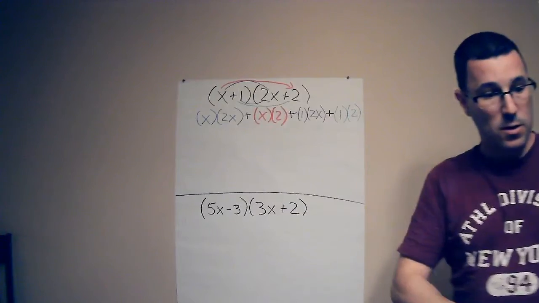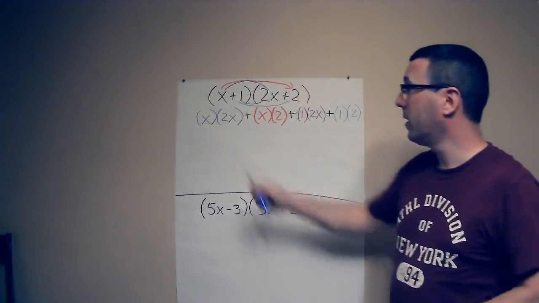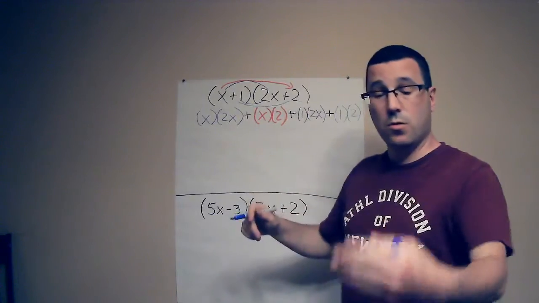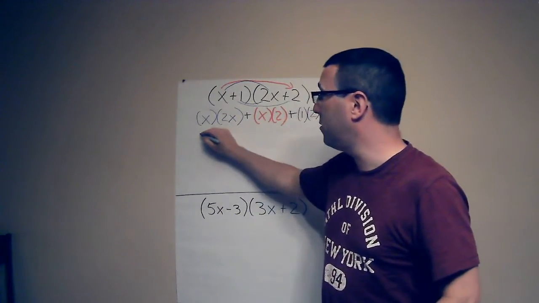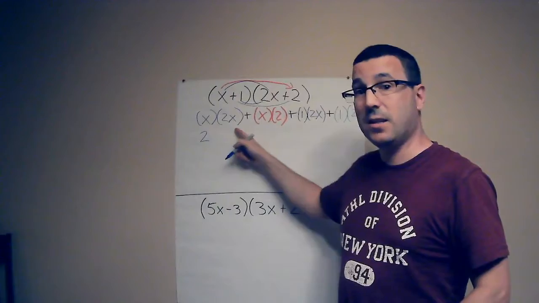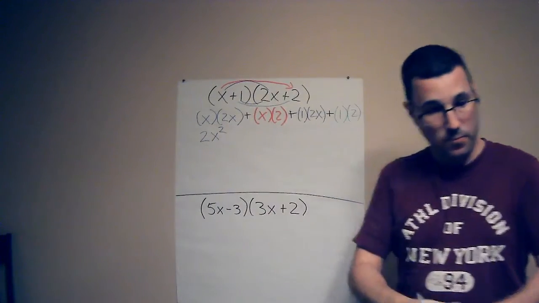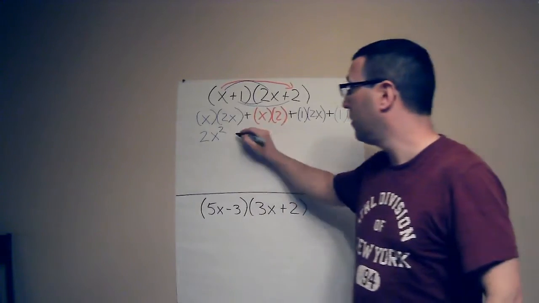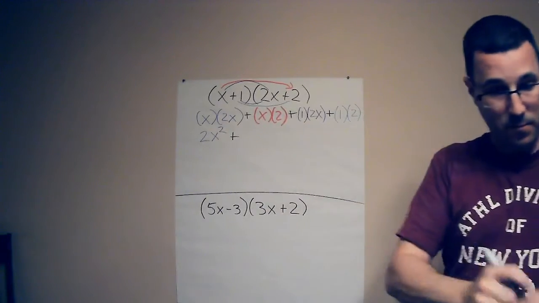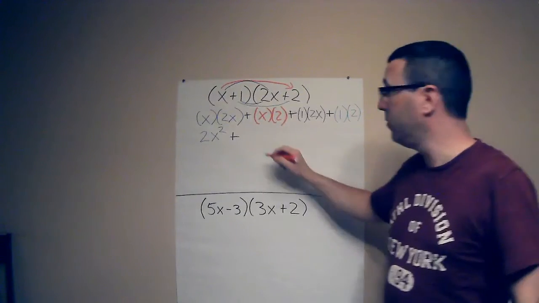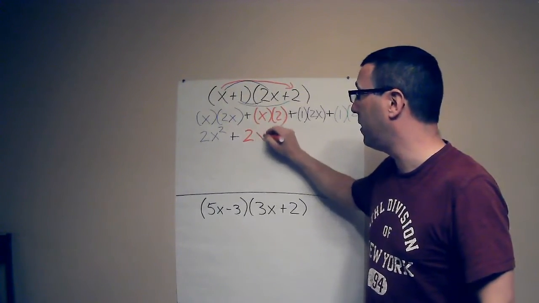Okay? So when we look at these, x times 2x, 1 times 2 is going to be 2. X times x is x squared. Plus x times 2 is just going to be 2x.